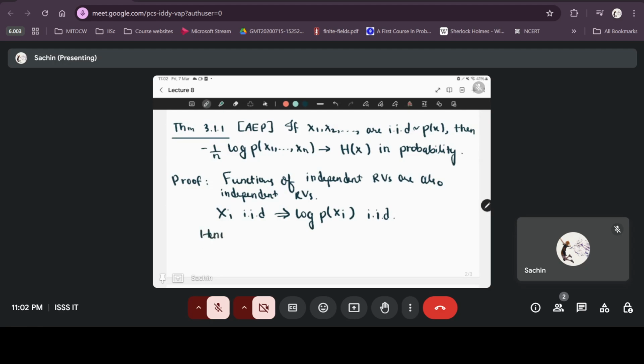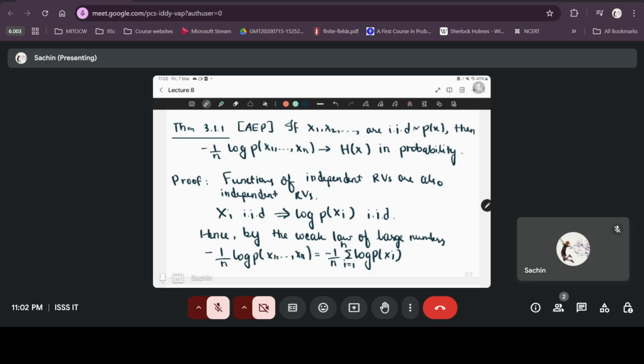Hence, by the weak law of large numbers, we can write minus 1 over n log of P of x1 to xn as minus 1 over n summation log of P of xi, i equal to 1 to n.